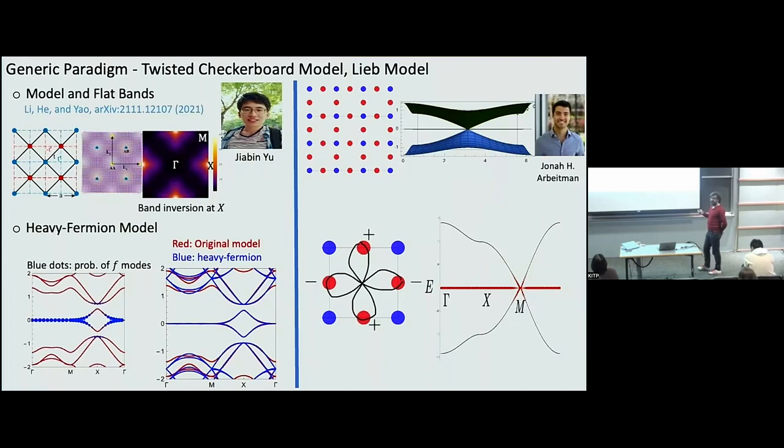And these heavy fermions are now located at a position in the lattice where there's no atom. So they're what we call an obstructed atomic limit. They're located at the center of the lattice where there's no atom. And you've got some Dirac fermions that pick up the topology of the model.